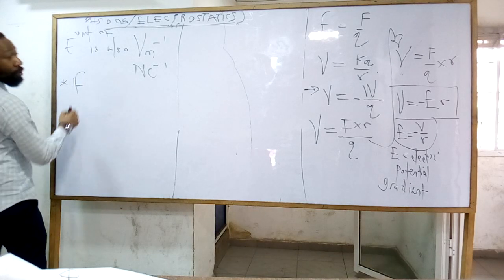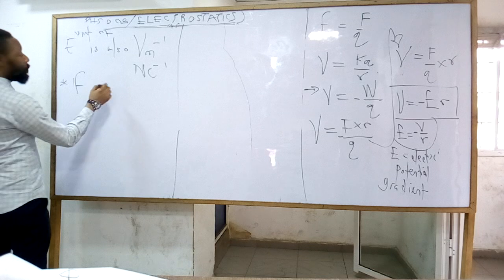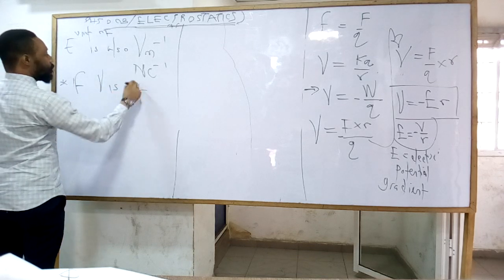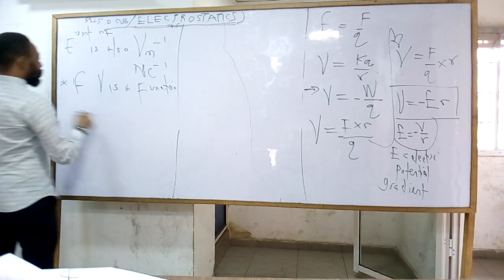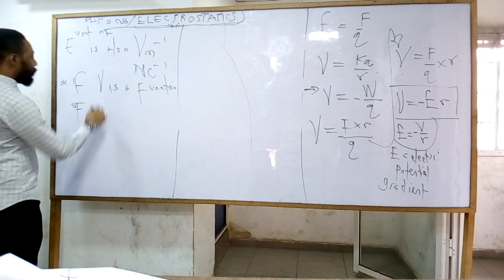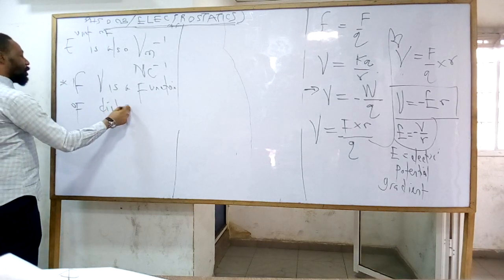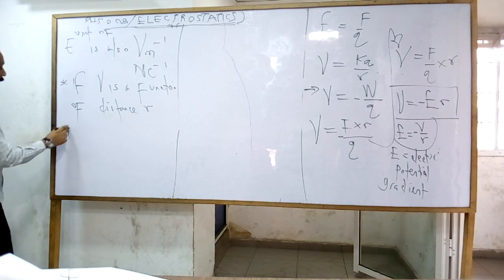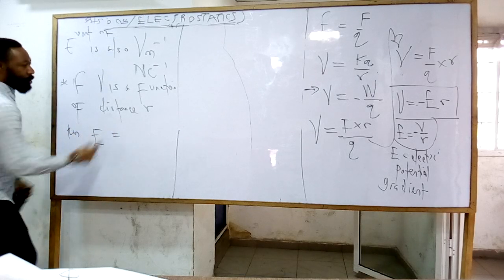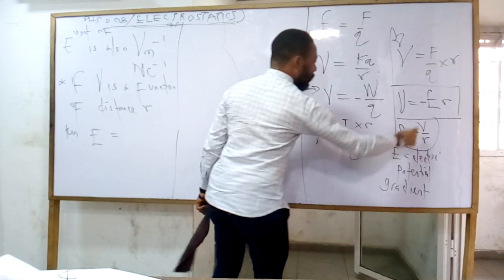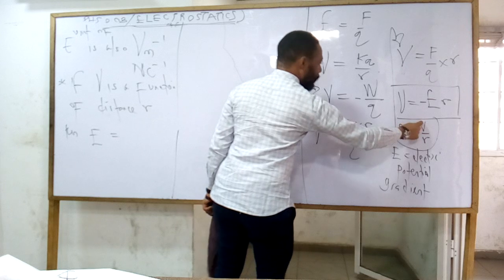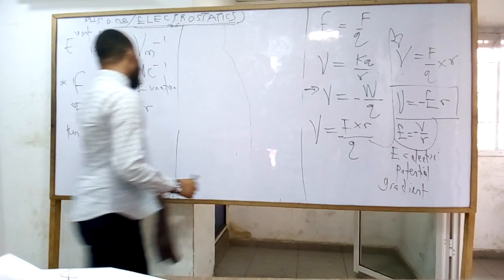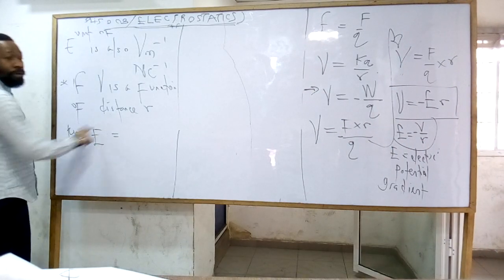If V is a function of distance R, then to get E, remember I told you when the expression is a ratio, it is V over R, and that is given by V as a function, and calculus comes into play.